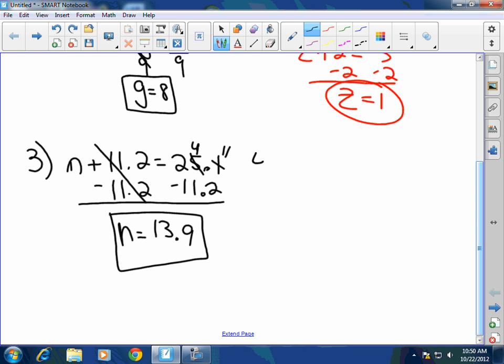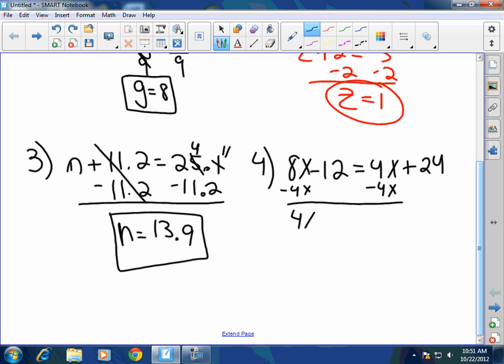Number 4. I've got 8x minus 12 equals 4x plus 24. We don't have any distributive property, but we do have variables on both sides of the equation. So I've got to go ahead and combine those variables. So me particularly, I'm going to subtract 4x to both sides.